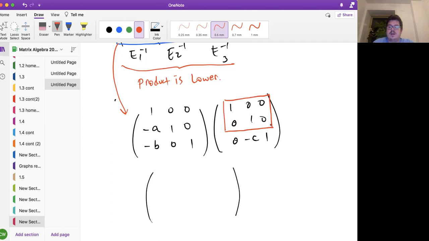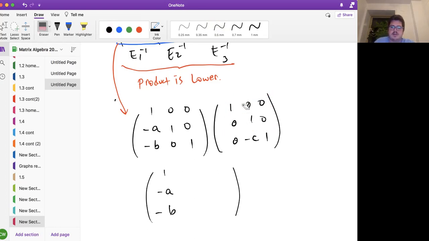Yeah, and so this means that the first column will be the same. Well, let's see, actually the second column is going to change.